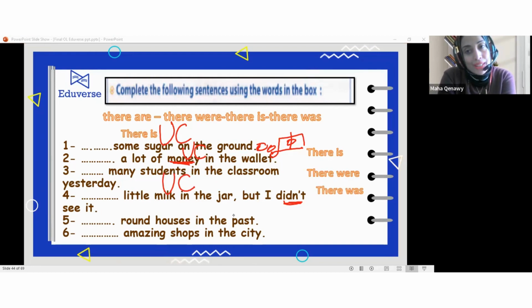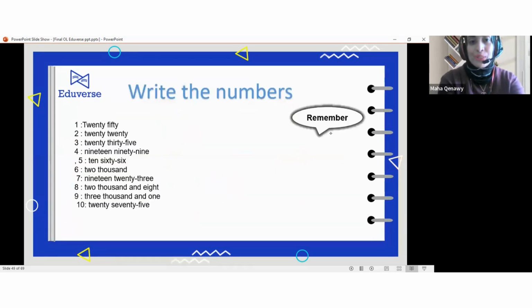Yes, there were round houses in the past. Amazing shops in the city. There are, because there is no sign of the past. There are amazing shops in the city. Excellent, my friends. All of you are perfect.